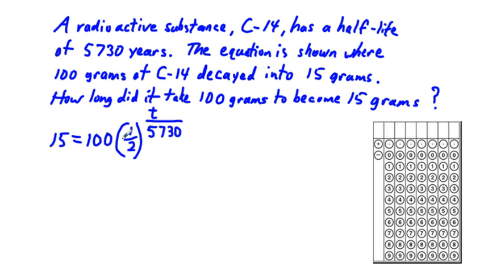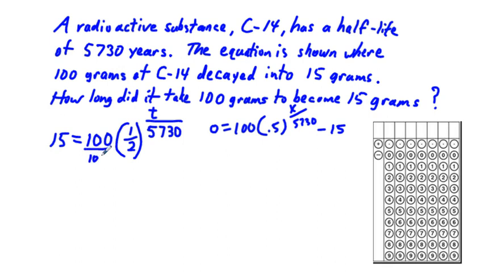If you solve one side for 0, if you say 0 equals 100 times 0.5 to the power of x over 5730 and subtract from that 15, you can graph and see where the graph touches or crosses the x-axis, and that'll be your answer. Or you can solve this using the properties of relations of exponential and logarithmic functions.